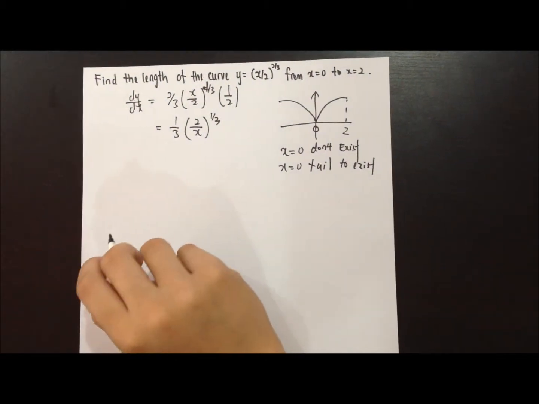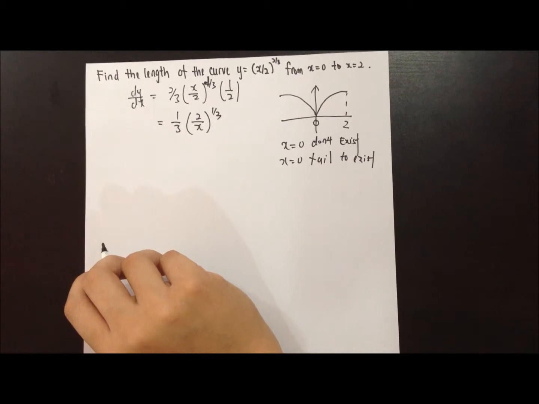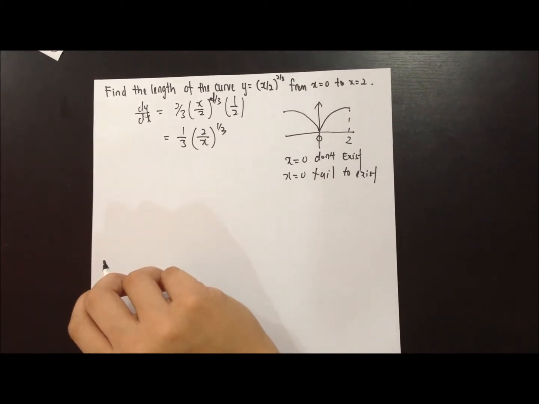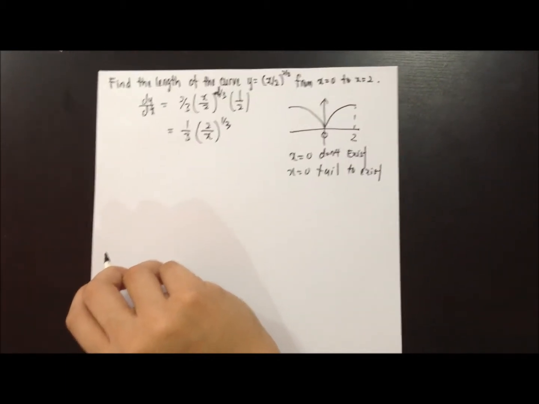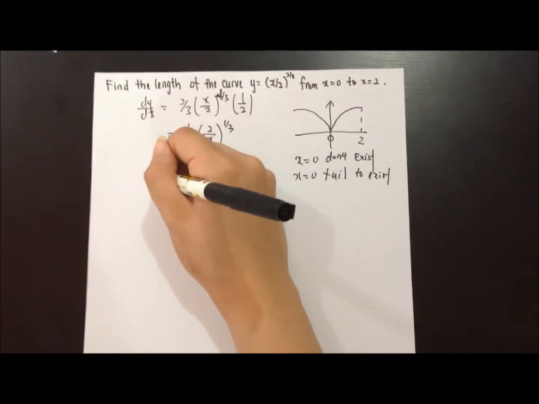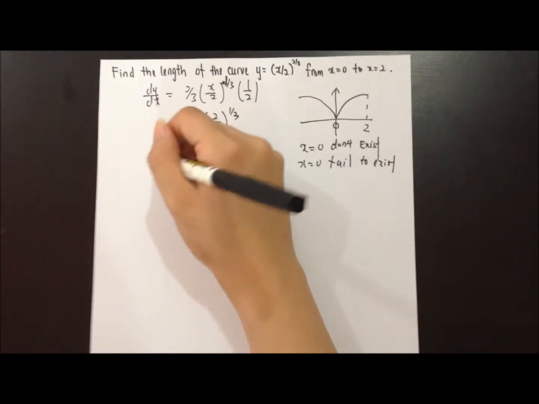So the point is undefined, or we can say it fails. Therefore, we can rewrite the equation to express x in terms of y.